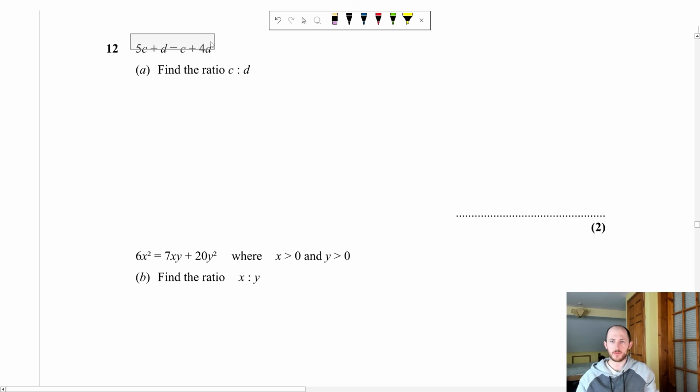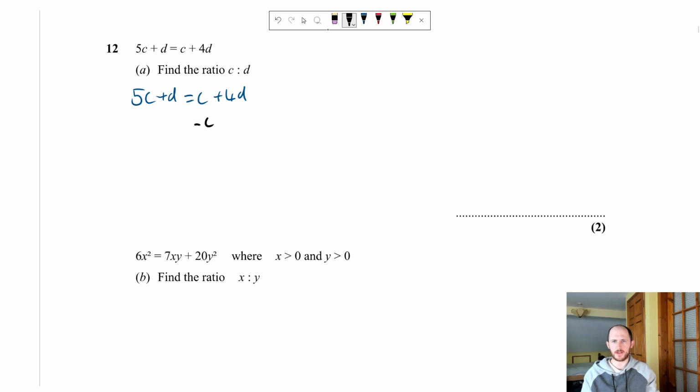So what we're going to do is take this linear equation and put all of the c's on one side and all of the d's on the other side. So let's minus c from both sides. We get 4c plus d equals 4d. And then I'm going to move the d's to the opposite side. So 4c equals 3d.